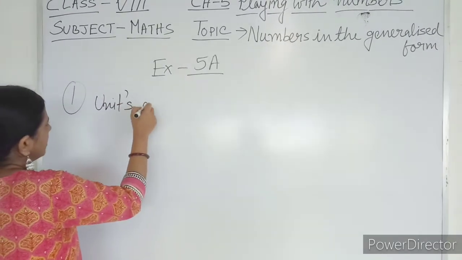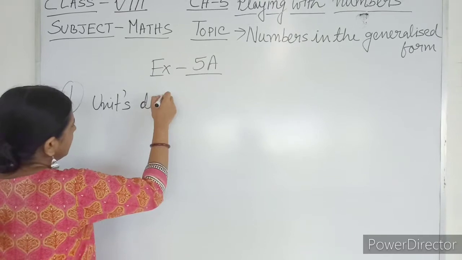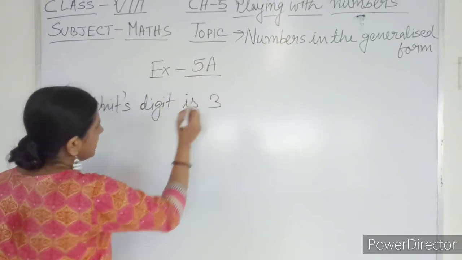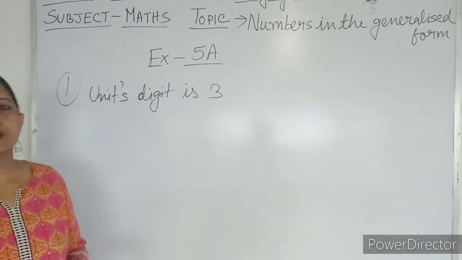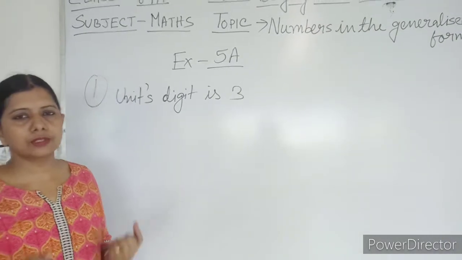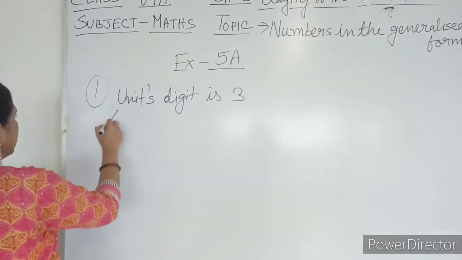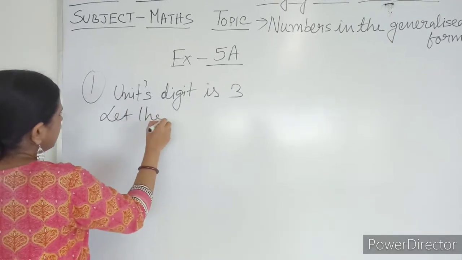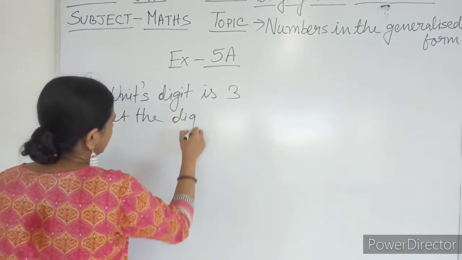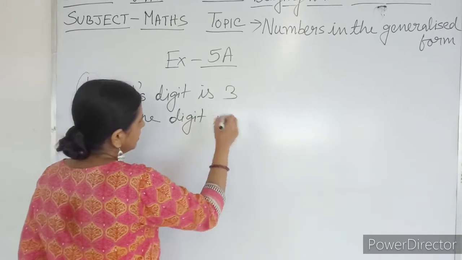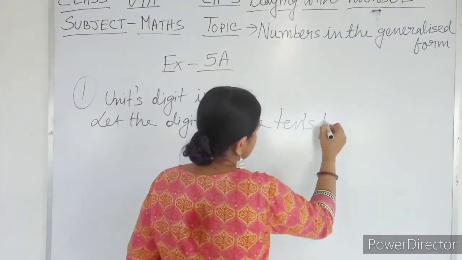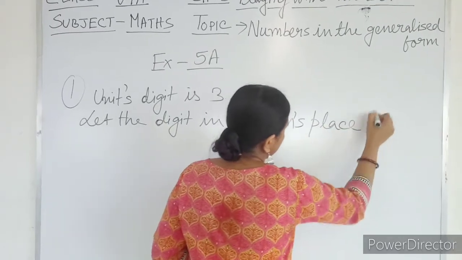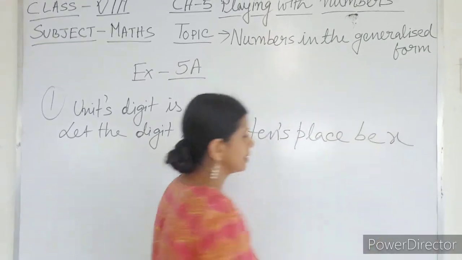So what is given? The units digit is 3, that has been told. I have to assume an algebraic expression for the tens digit. So let the digit in the tens place be x.